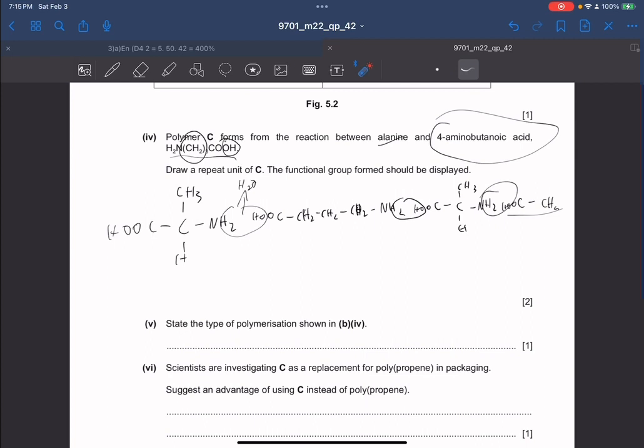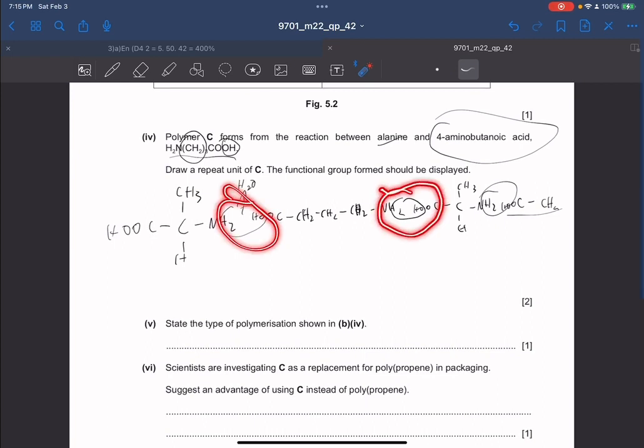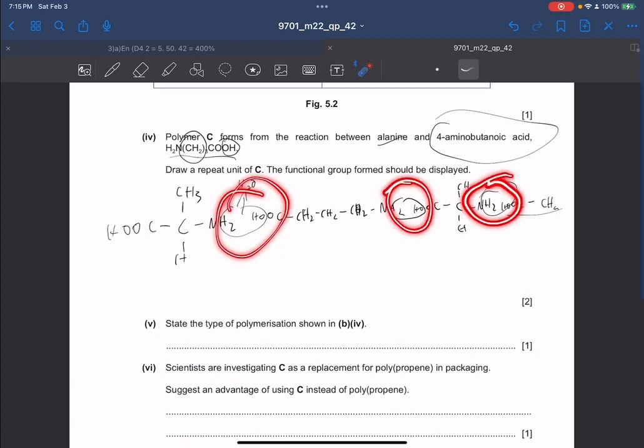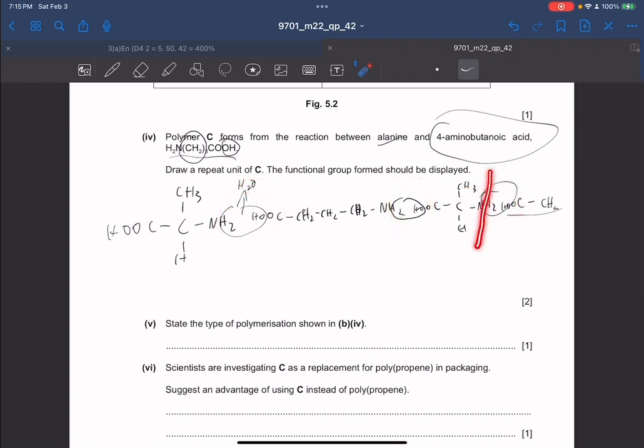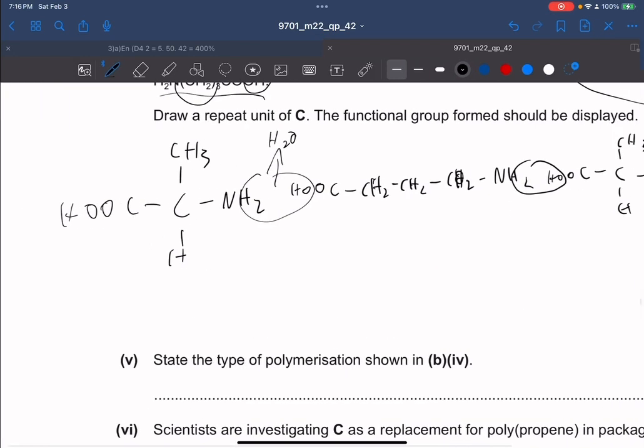But basically, what's repeating is between this group and this group, because here this happens, and it happens again. So it means the repeat unit is going to be between here. Me personally, you're going to have another NH2 here, by the way. So it's going to take that.